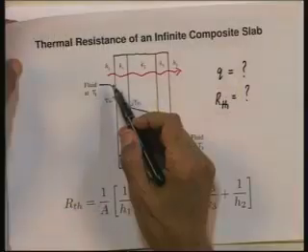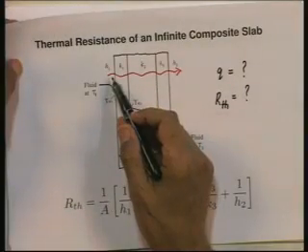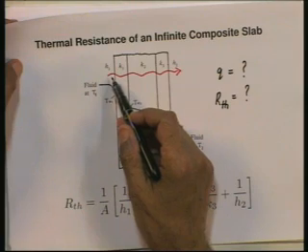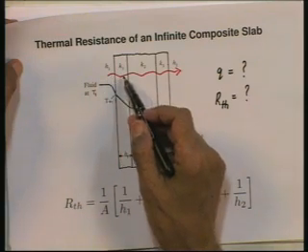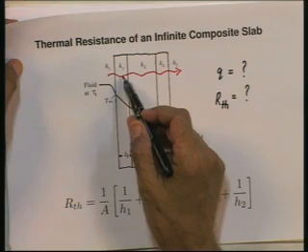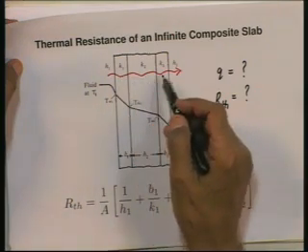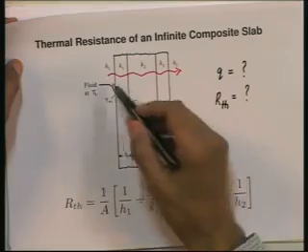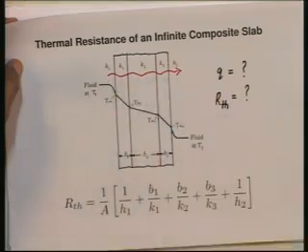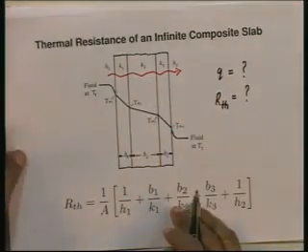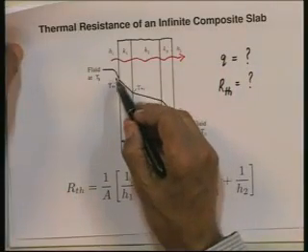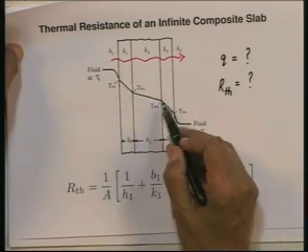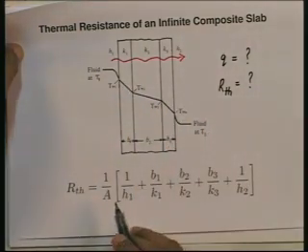Starting from the left, we have the heat transfer coefficient on the left side, then the thermal resistance associated with the first slab with conductivity K1, then second, then third, and then finally the thermal resistance associated with the heat transfer coefficient H2 on this face. So, there are 5 thermal resistances in the path of the heat flow, and let us say that the intermediate temperatures are TW1, TW2, TW3 and TW4, all right.